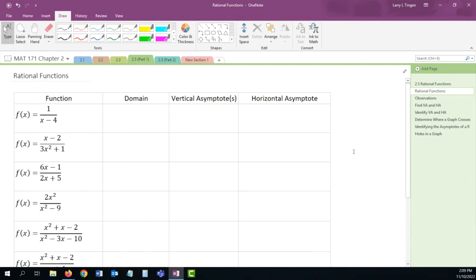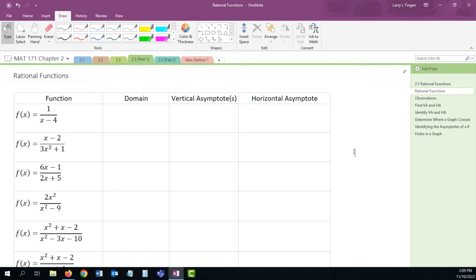All right, so f of x is 1 over x minus 4. What is the domain of f of x? Well, for domain, two questions. Do I have a variable in the denominator? Yes. Do I have a variable under an even root?